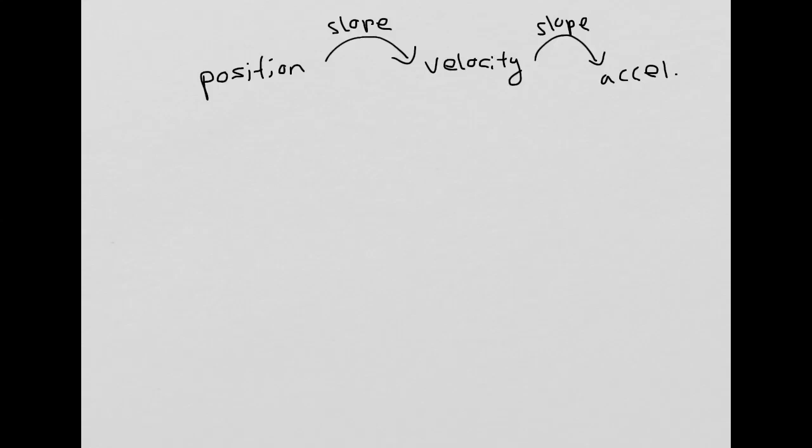Now, if I take the area under the curve of the velocity function, I get my change in position. I get displacement. Okay, so those are some important relationships to think about. And then in the next video, we'll talk about free falls.